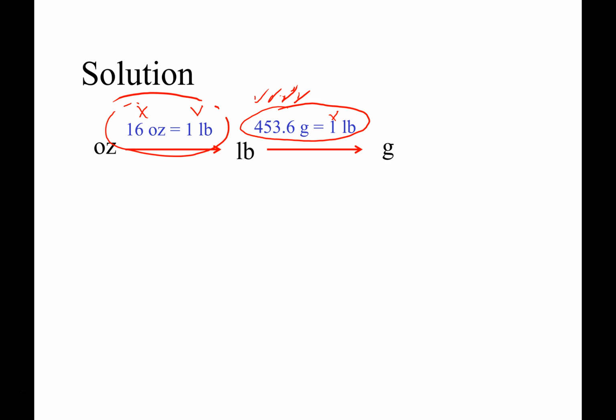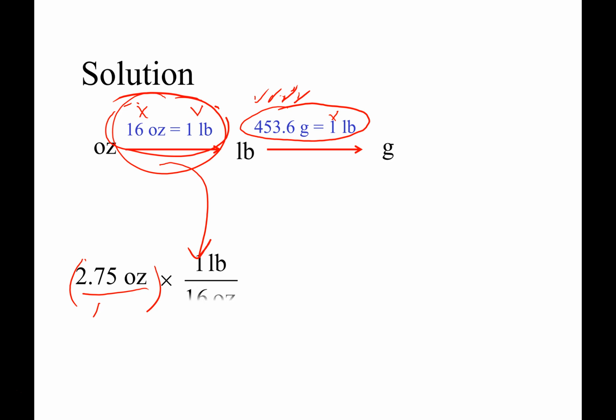So we're going to work this like we worked before. Our first term is going to be the thing we want to convert, which is our ounces. So we'll put 2.75 ounces over 1. Now go ahead and use this equivalency statement. How can we use it to make ounces cancel? 16 ounces in the top or bottom?